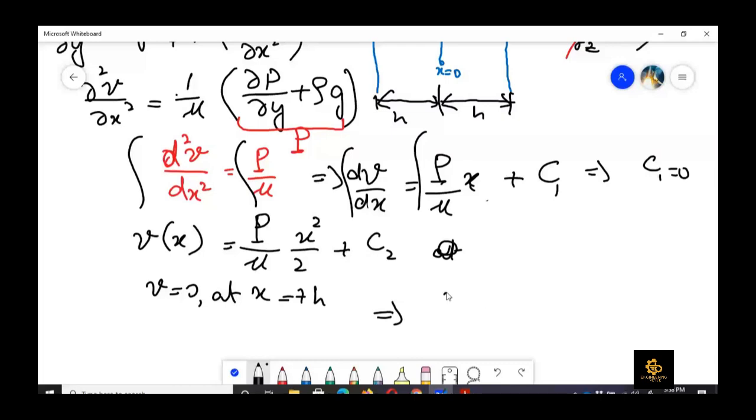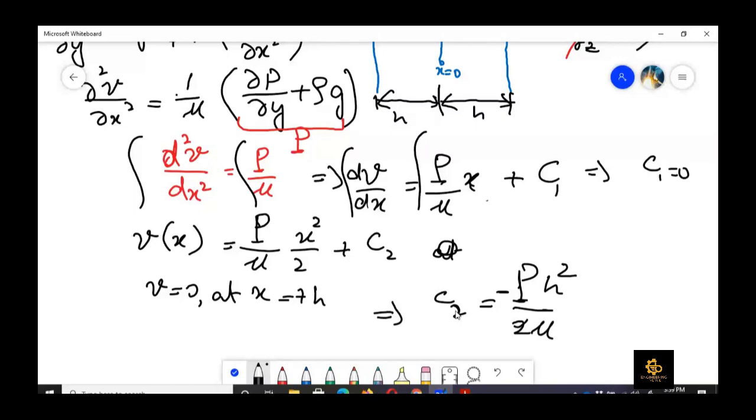So from here I can see that c2 is equal to minus P upon 2 mu into h squared, which is a constant value. So if we say that v is equal to 0 at x is equal to minus h, which is this location, then we would have the same relation. There would be no difference.